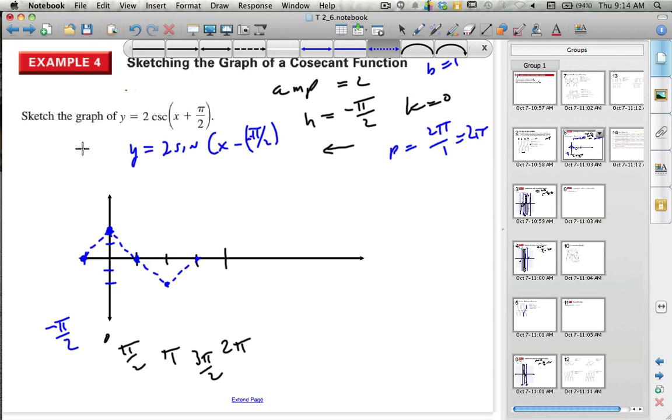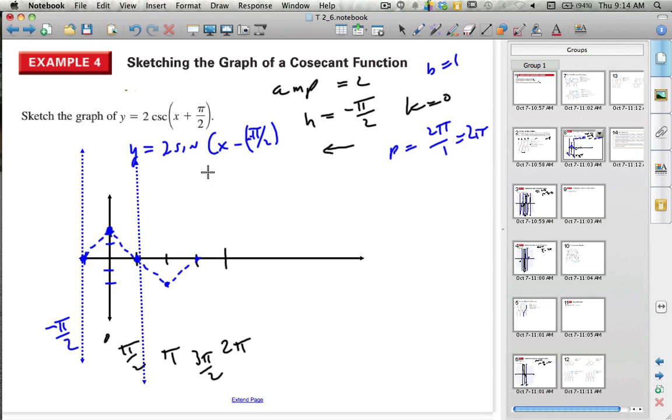I want to put in my asymptotes. My asymptotes are wherever I hit the x-axis. Okay, so those are my asymptotes.